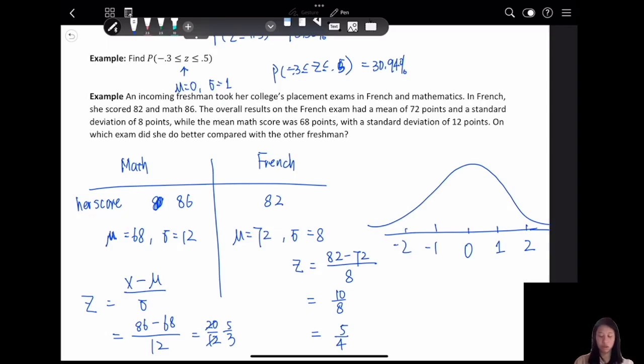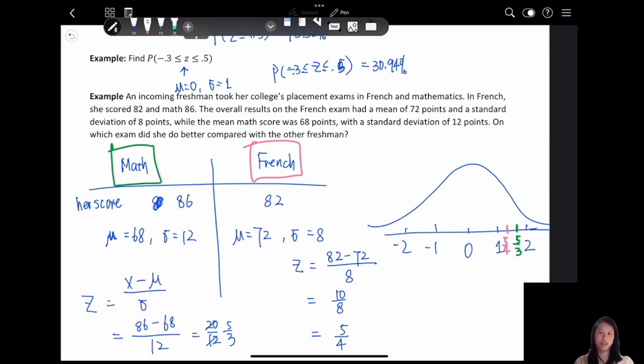For the math, I'm going to use a green pen; the math z-score is approximately here. And for the French, I'm going to use a pink pen; her French score is 5/4 away from the center.